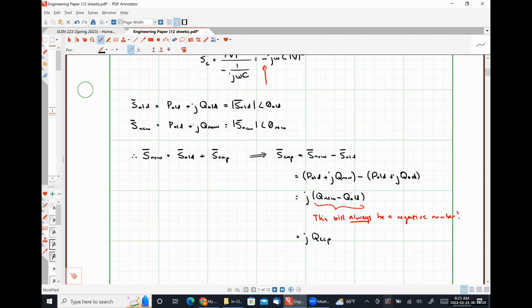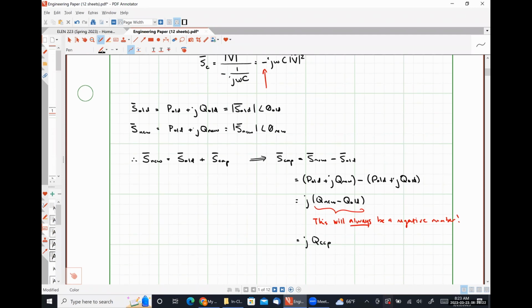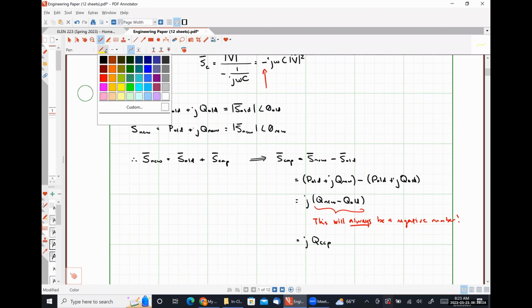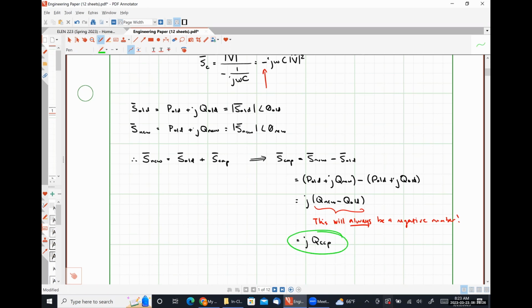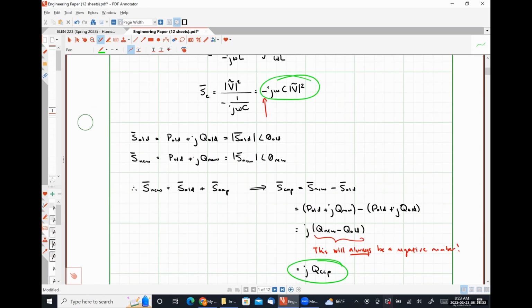So we have one mathematical expression for the complex power absorbed by a capacitor. We have another expression here for the complex power absorbed by a capacitor. So we're just going to set those things equal to each other and solve for C. That's what's going to tell us what size capacitor we need based on the parameters of the system.